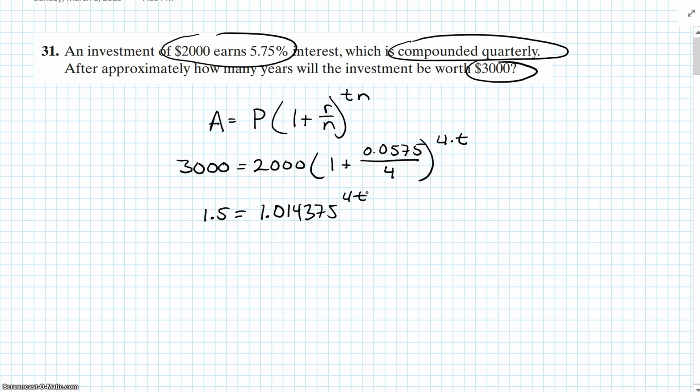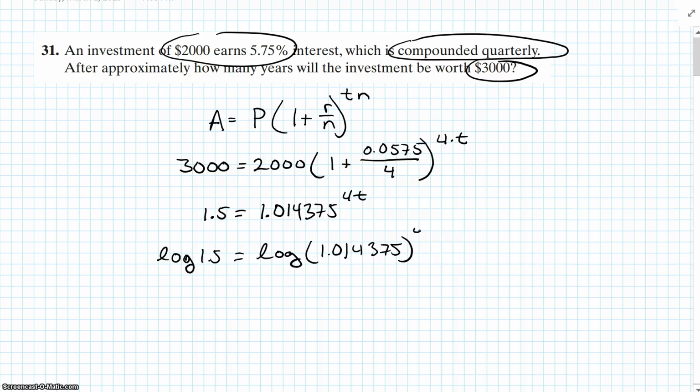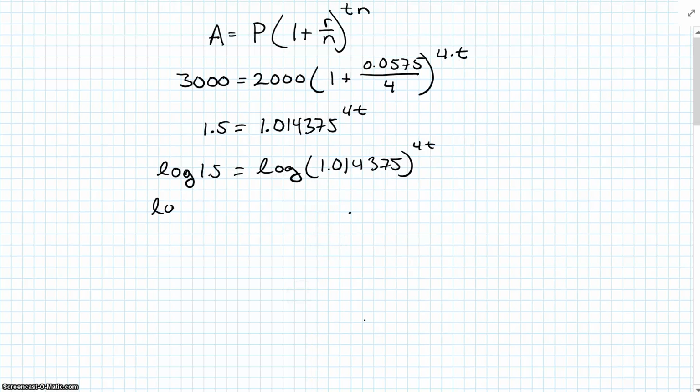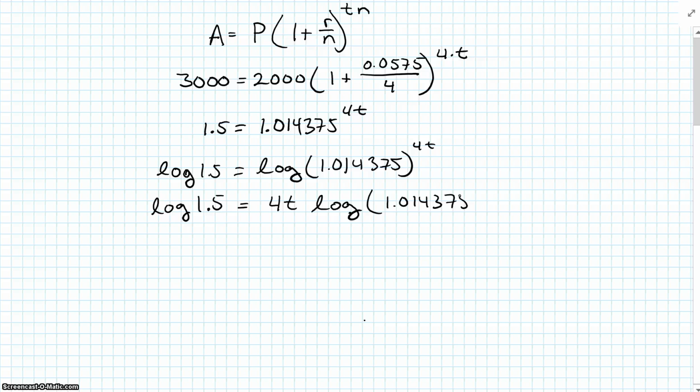So how do we get rid of that? We can log each side. So I have the log of 1.5 equals the log of 1.014375 to the 4t power. So I can rewrite this as log of 1.5 equals 4t times the log of 1.014375.